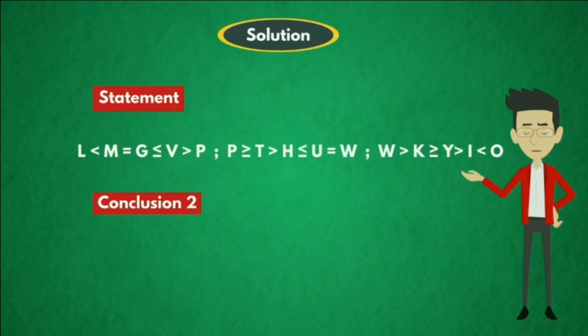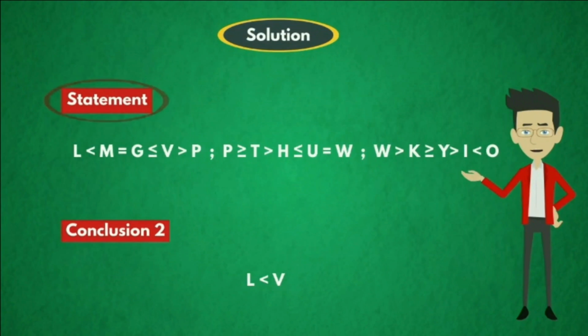Conclusion 2. L less than V. Here in the statements, we have a direct relation between L and V. So from L to V, we have equal to, less than or equal to symbols.